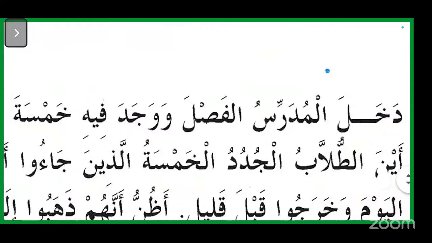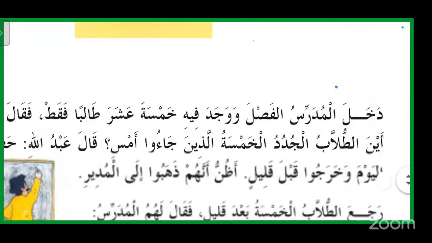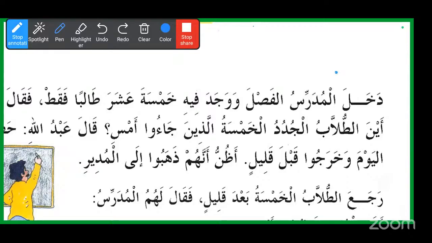ووجد فيه 15 طالبا فقط. Again, the second sentence starts with waw, and waw means "and." The conjunction "and" is used when you want to connect two words, several words, or several sentences.